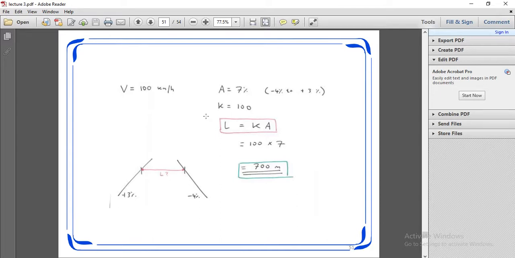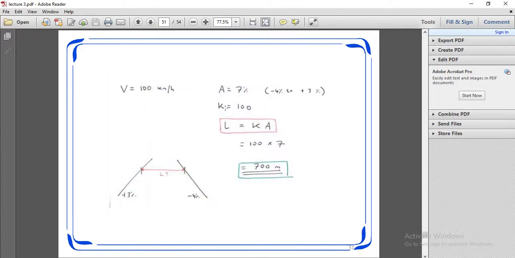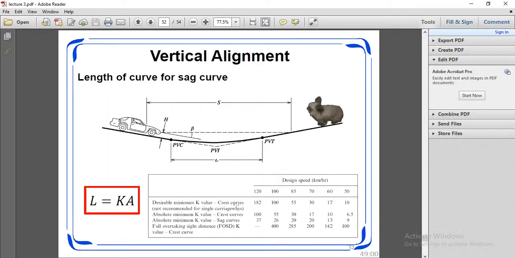Now this K is 100. From where has this 100 come? The design speed is 100. That's why the desirable minimum K value for the crest curve is 100.